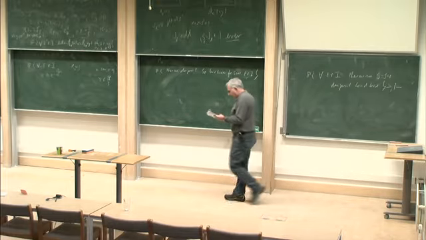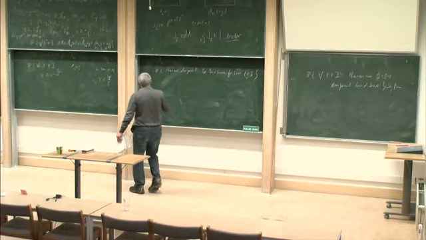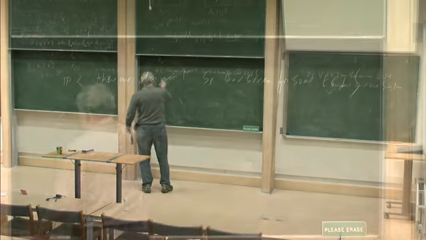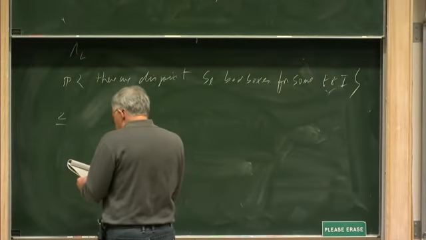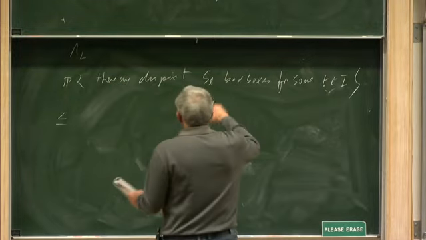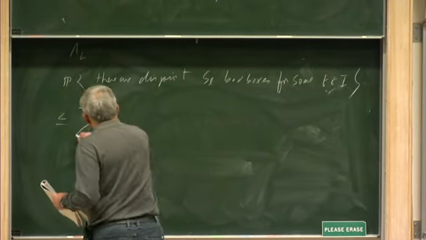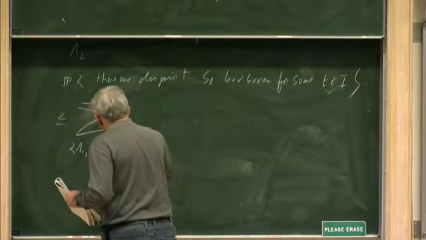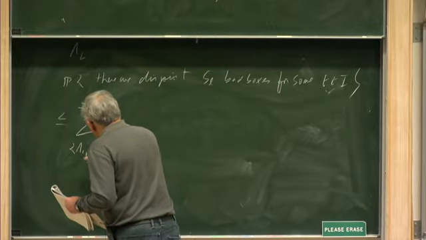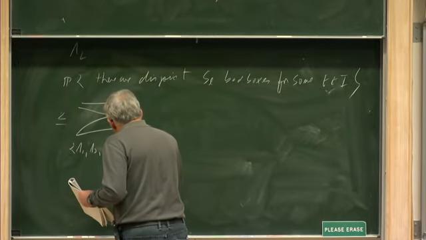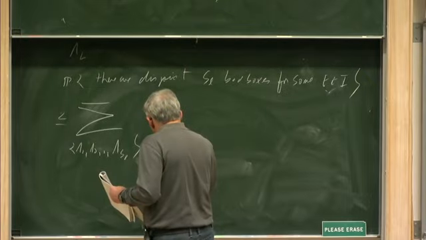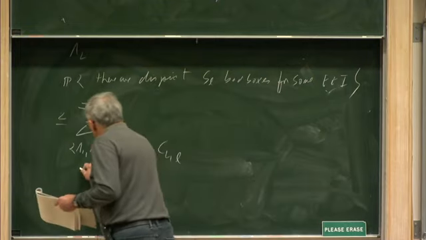But so when we're estimating the bad event, how do I do it? Well, if I have SL boxes, let me take all possible collections of disjoint boxes. These are boxes in the covering, and they are disjoint.